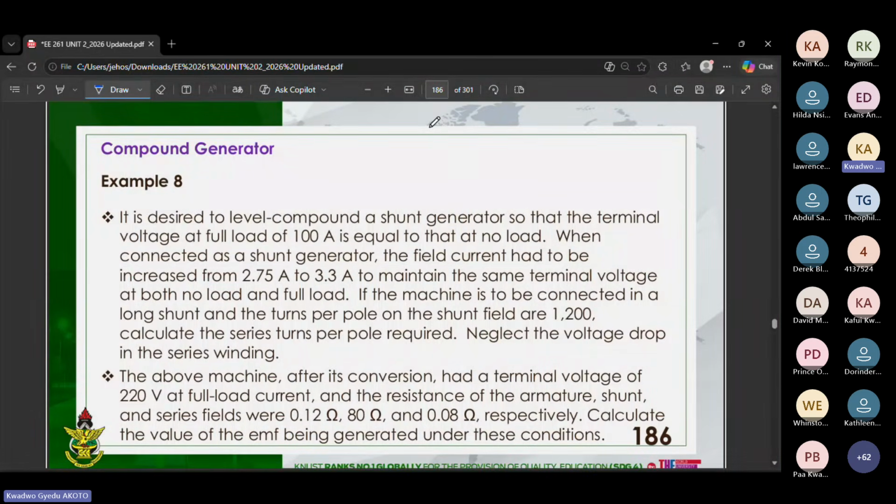So with compound compensation, we can either have flat level compound where, please let me try and see if I can explain this real quick before I go on. We know that V is equal to E minus IA RA, right?